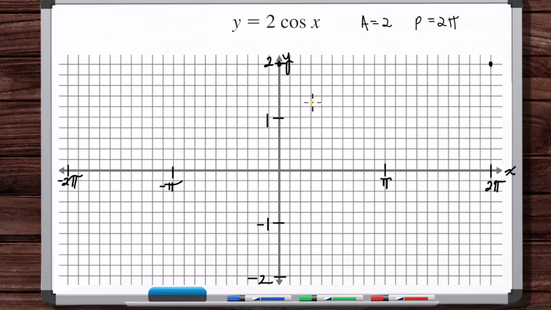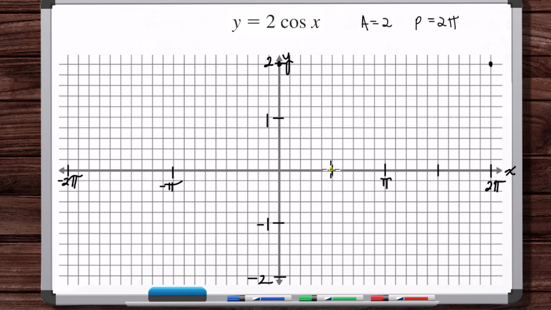Then 2 pi divided by 4 is pi over 2. So let's see, 1, 2, 3, 4, 5. There's going to be pi over 2, and 3 pi over 2. So the main features are going to be at these quarter points.